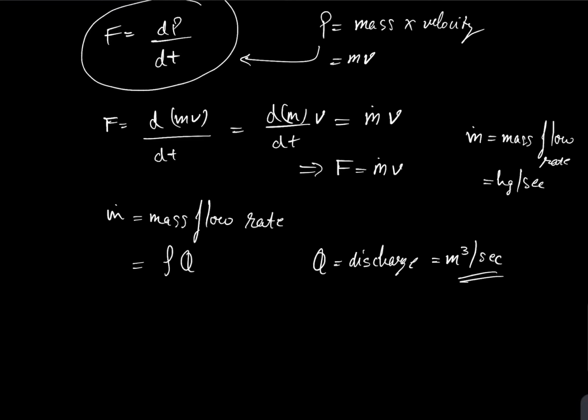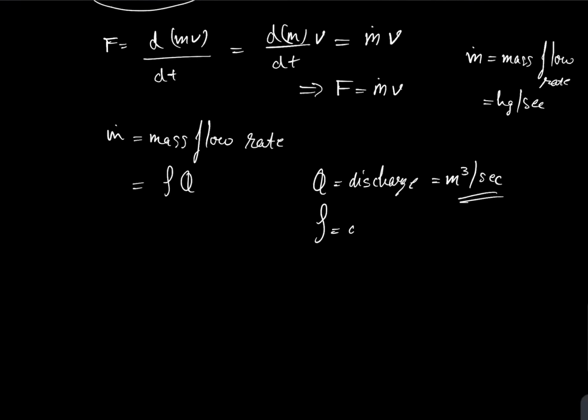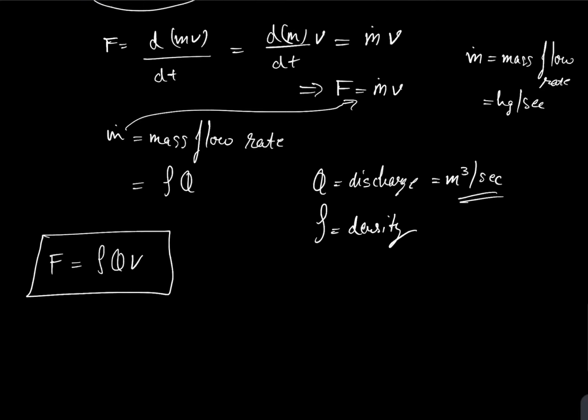We have calculated the discharge by using the venturi meter and orifice meter. That's the same discharge here, and rho is the density. So I can write my mass flow rate as density into discharge. Putting this value in my force equation, I get F is equal to rho Q v. So this is my force momentum equation.